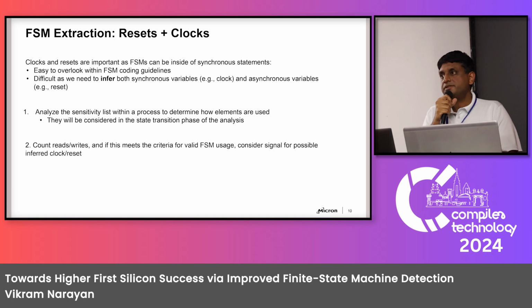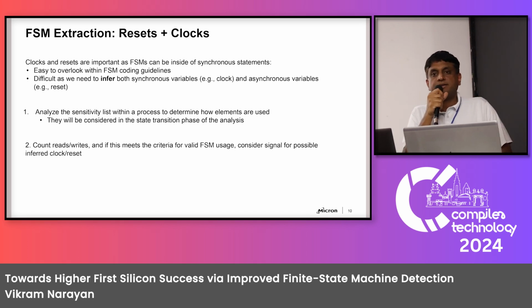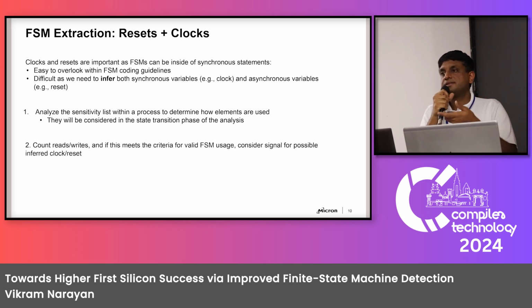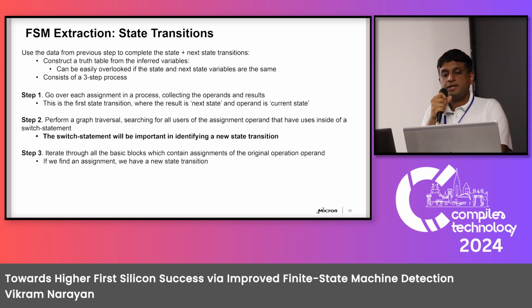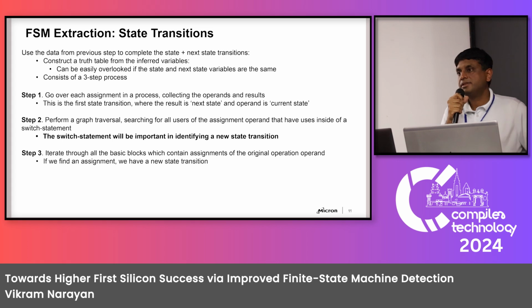The extraction is: identify if there is a switch statement, identify how many operands there are, and if that operand is reassigned to something else, then there is a state transition, and then build the truth table. So that's pretty much the algorithm that we have.